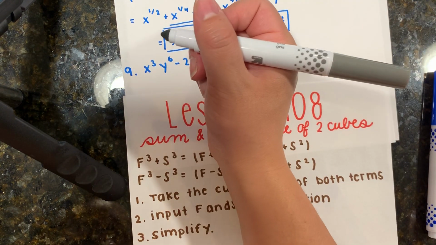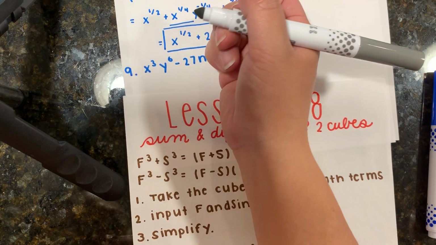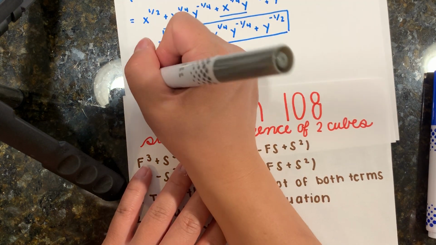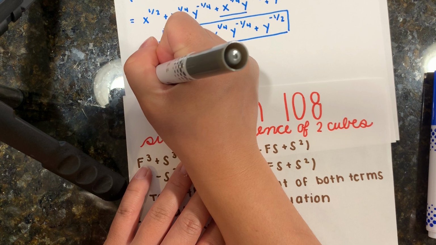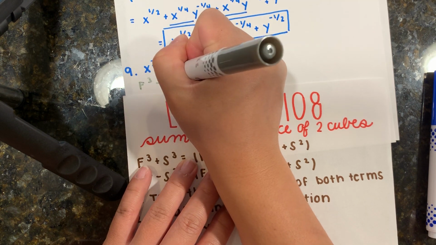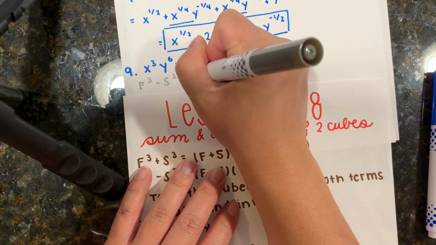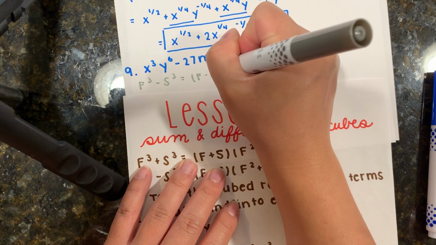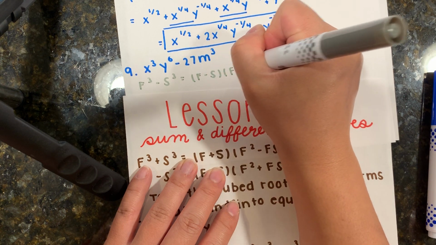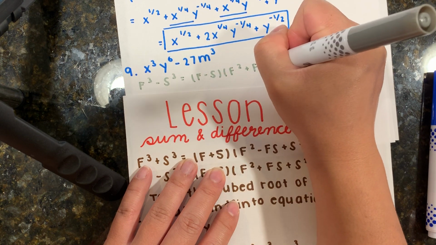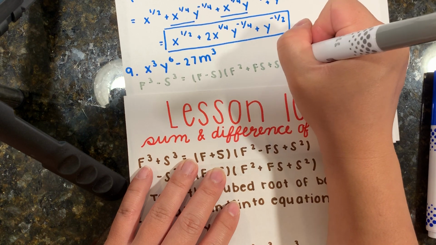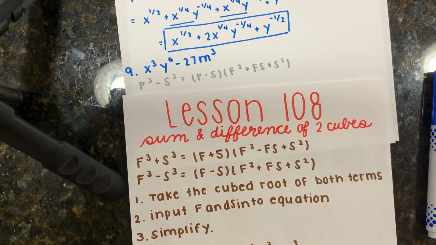So really I have f cubed minus s cubed equals (f minus s)(f squared plus f times s plus s squared). And that's what you get.